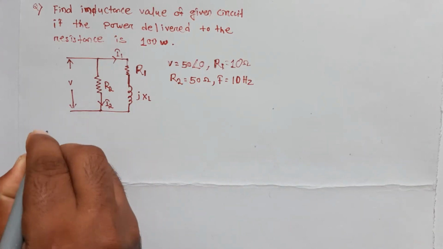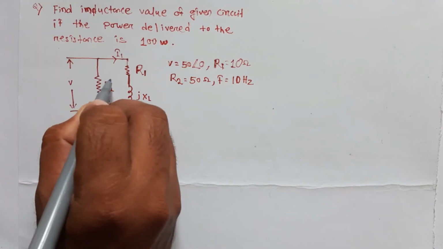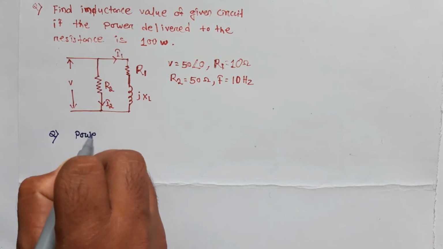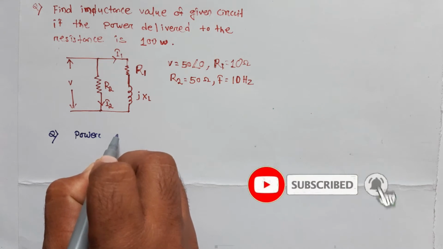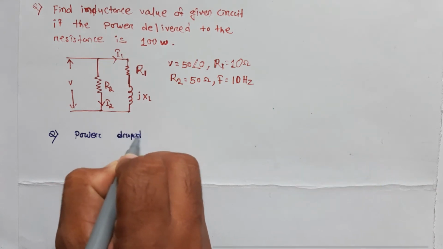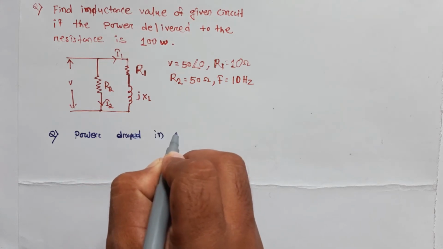So first we find the power consumed or dropped in R2.